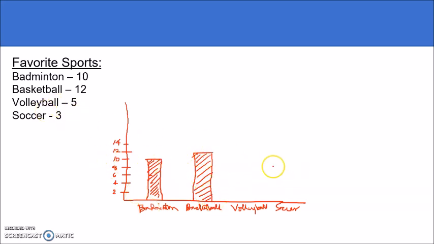And then for volleyball, we have 5. Si 5 naman, we only have 4 and 6, meaning si 5 andito sa gitna, between 4 and 6. When you use Excel or computers, merong naka-indicate na naka-continue yan dyan, no? May ganyan. Para maging guide, no?